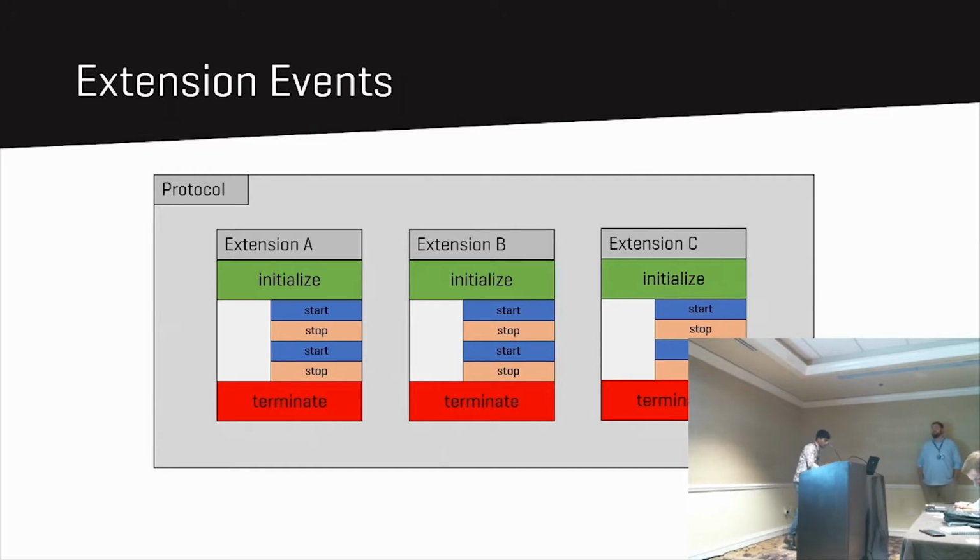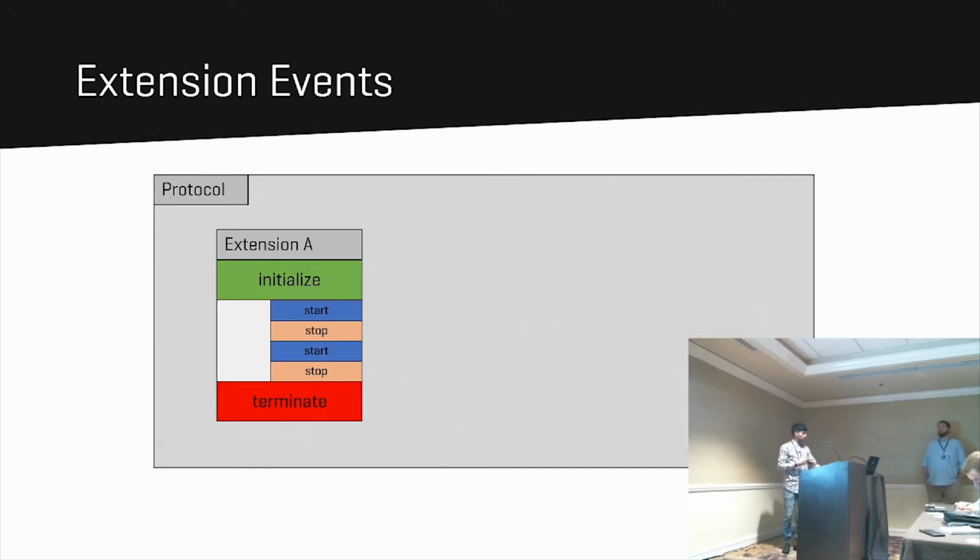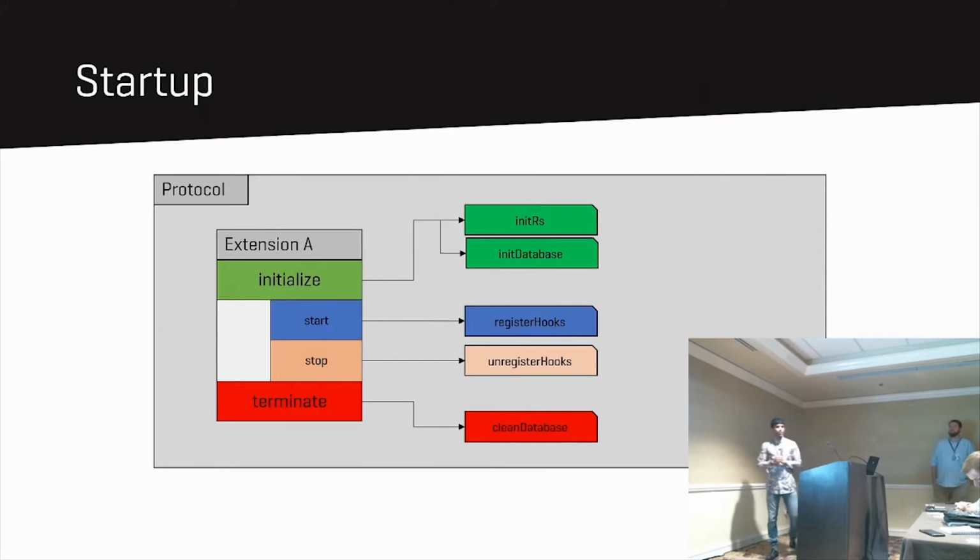Let's now dive a little deeper into extension events to see what we use these events for. Initialize, seeing as it's called once by the extension system, makes it the perfect candidate for initialization of resources or of databases and those sort of operations. We use the start and stop events sometimes to register hooks or to register, say, shortcuts.